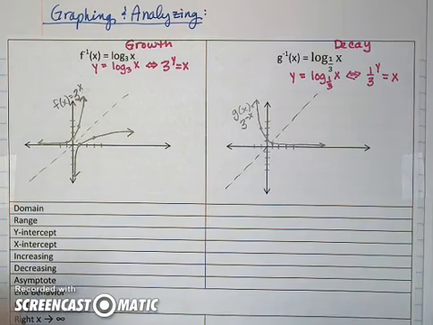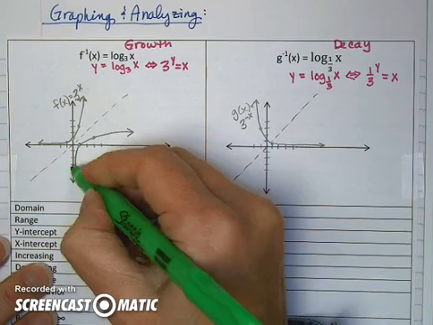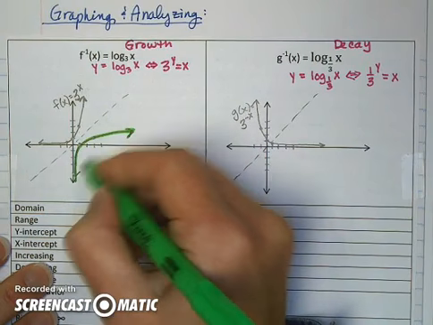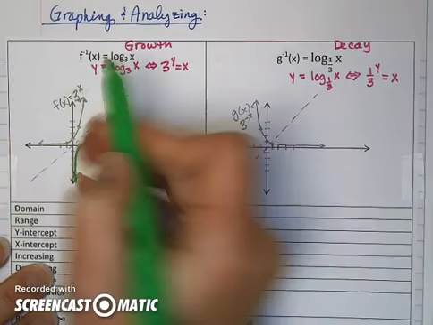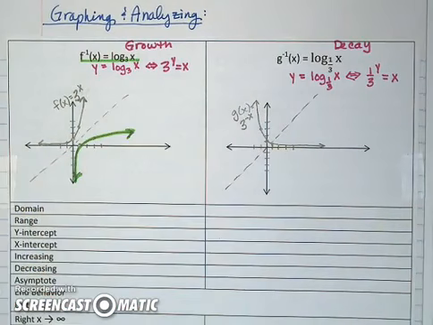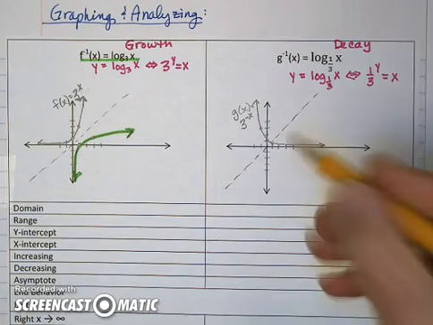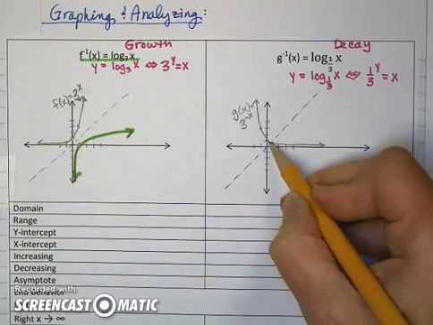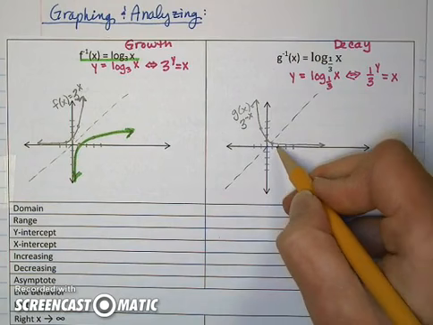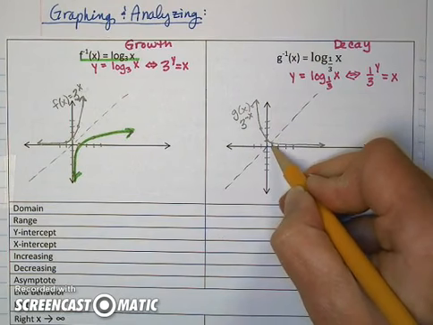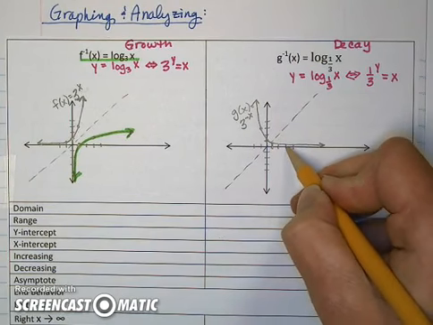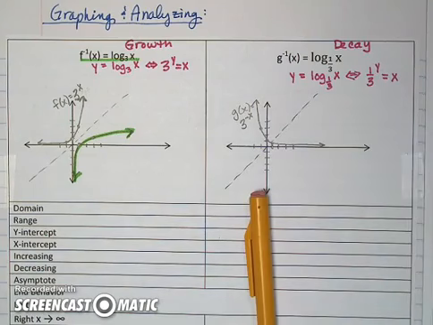So this is the log graph. That's this one. Also, when it's decaying, I'm flipping the numbers as well. This still goes through 1, 0. We're going to flip this, and we will pick up here in part 2 of the video and fill in all the analyzing data for our chart.